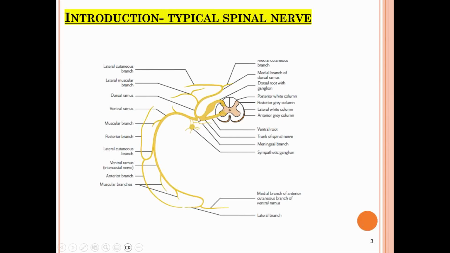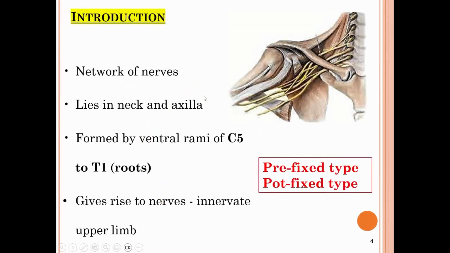From the trunk there is a dorsal ramus and a ventral ramus. This ventral ramus runs in the intercostal space and gives different branches. So this is a diagram of a typical spinal nerve.